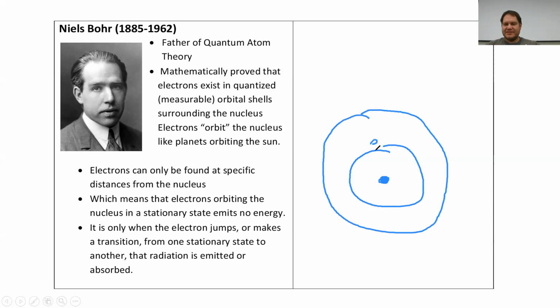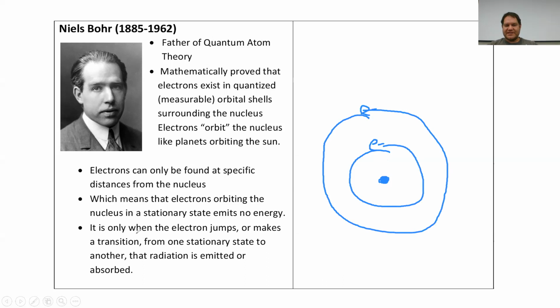Because they're at specific distances, the electron is quantized. It can have energy in level 1, or level 2, or level 3, but it cannot ever be in between the energy levels. Therefore, it can never have those energies, is what Bohr is essentially saying.